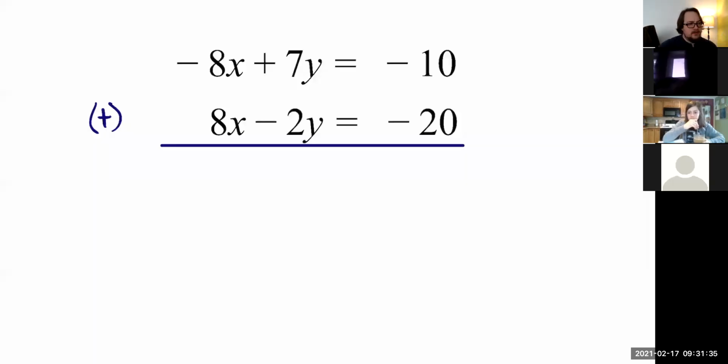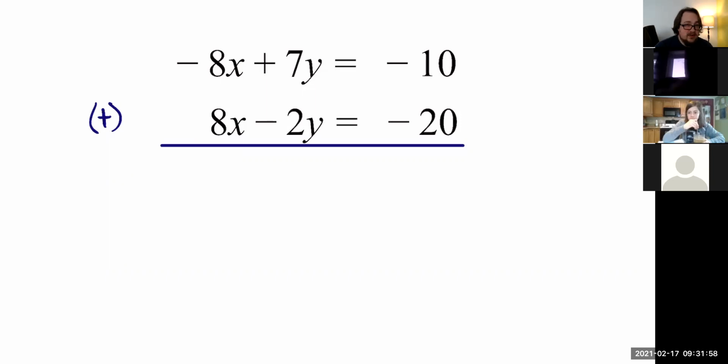All right. So again, treating this one like an old school addition problem, adding together these like terms. First thing we'll see is actually the exact thing we were hoping to see. And that is what happens when we add -8x plus 8x. So that -8 plus a +8 is going to give us 0x.